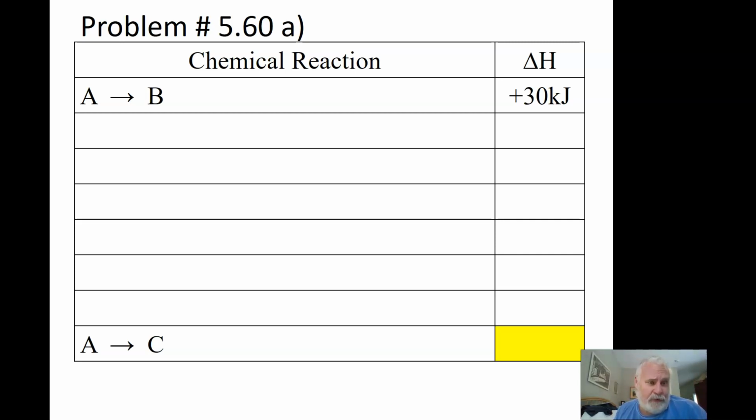That means endothermic, and you'll get that just kind of hammered in your head, an endothermic reaction. We'll have a positive value, and kilojoules is sort of our preferred unit. And then we'll just skip down a line there and say B going to C is 60 kilojoules.